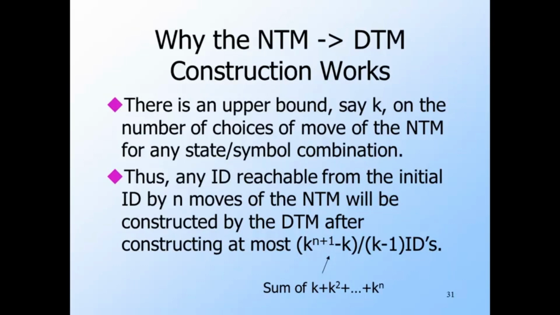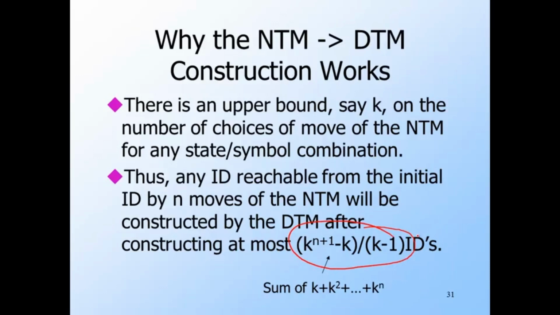Suppose the final state is reached after n moves for some n. Then the number of IDs the deterministic machine might have to look at is at most this, which is the sum of the first n powers of k, before it sees the ID with the final state. The exact formula is not important.